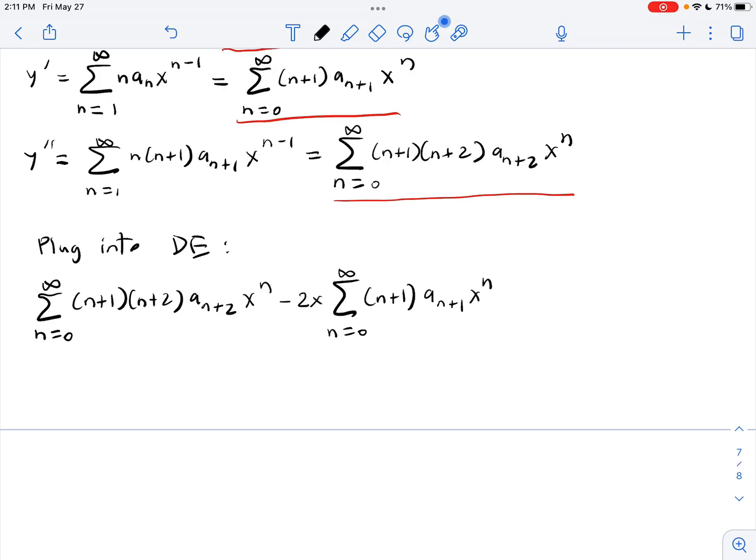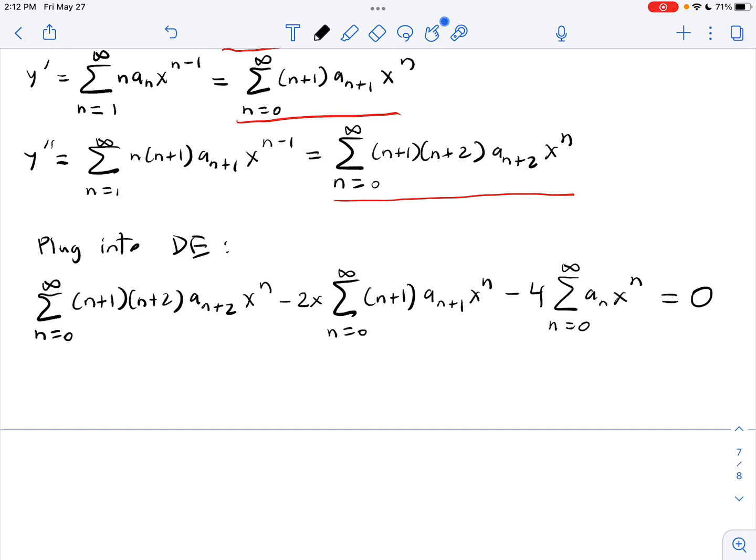That's the y prime series. And then minus 4 times y. All that has to equal 0.